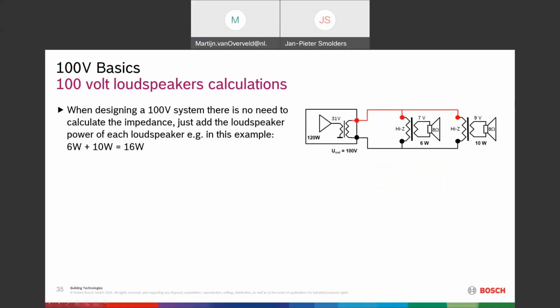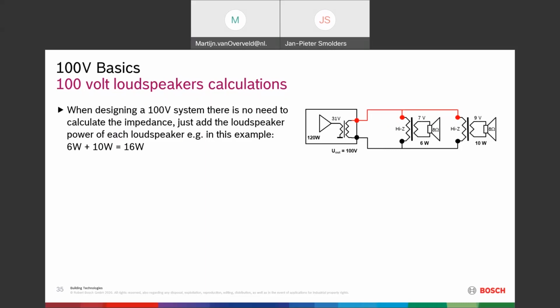Now, when you design a 100 volt system, there is actually no need to use these complicated calculations, because you can easily calculate the total power of the connected loudspeakers by adding it all up. If you have, for instance, a 6 watt and a 10 watt loudspeaker, like you see here, you know that the total load on the amplifier will be 16 watt.